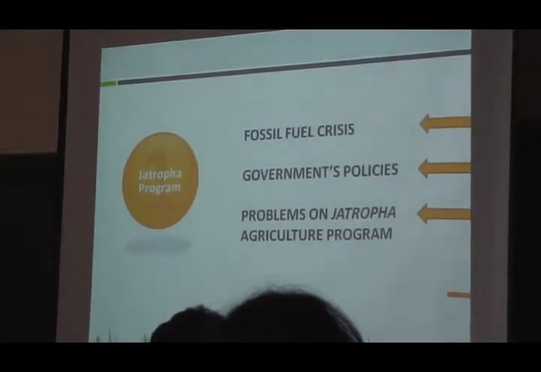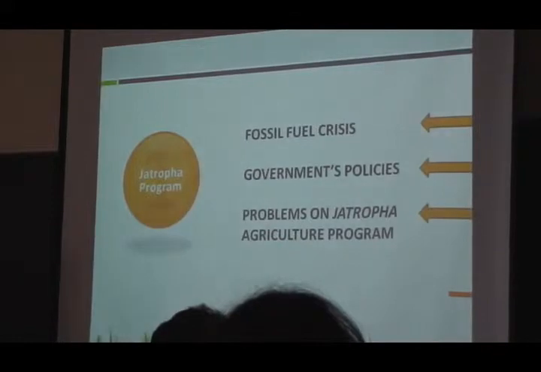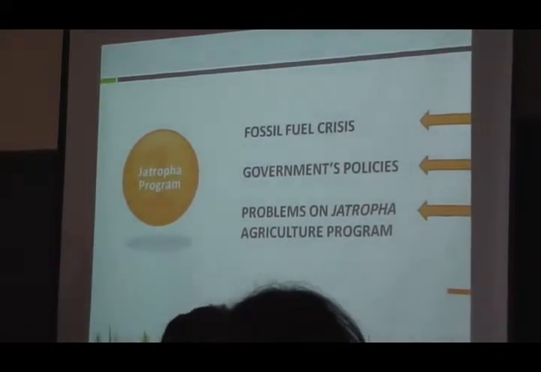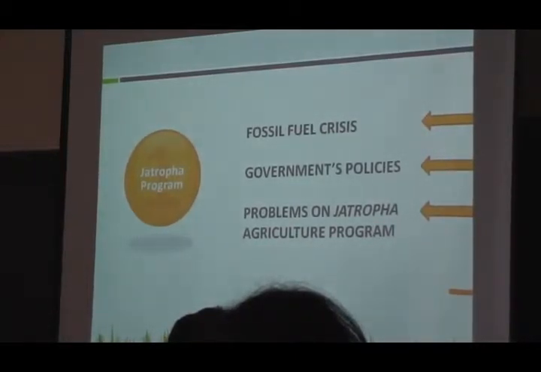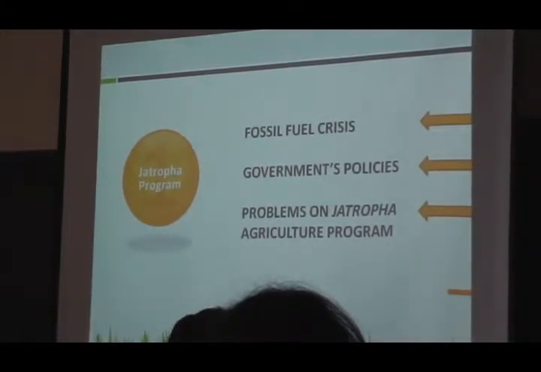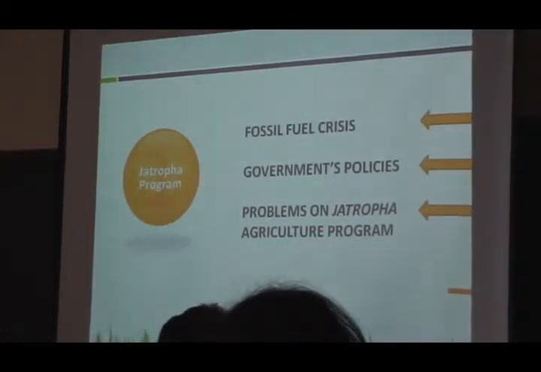So this is the first step, the Jatropha program. The fuel crisis, especially the fossil fuel crisis, is the major motivation for the government of Indonesia to develop the Jatropha agriculture program further. Based on our previous research, there are several policies from the government of Indonesia.